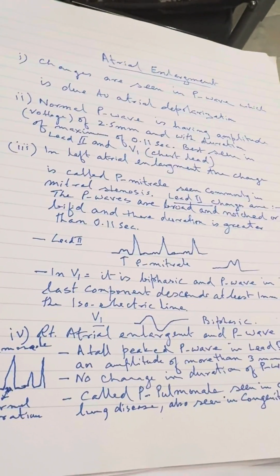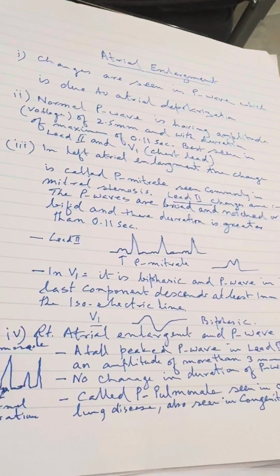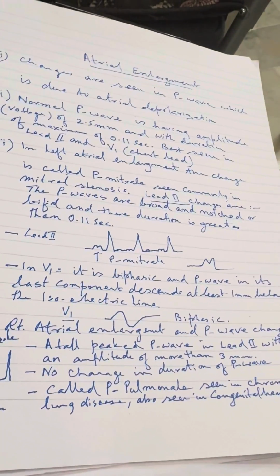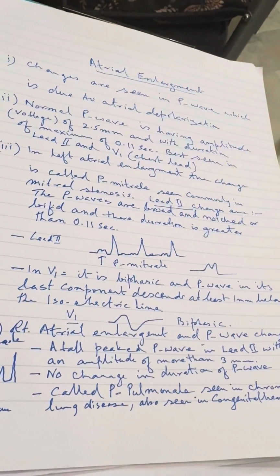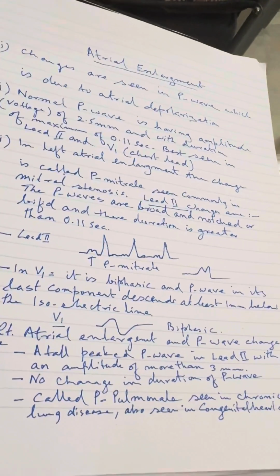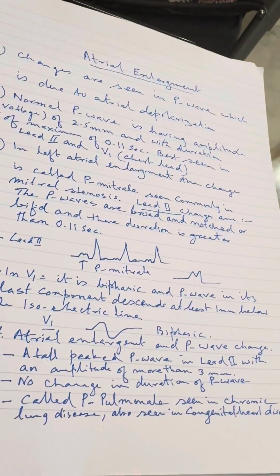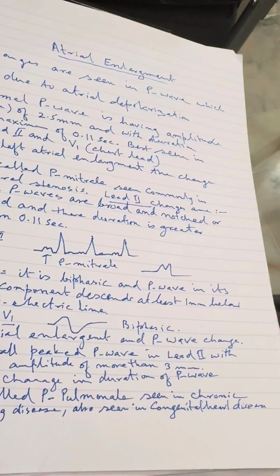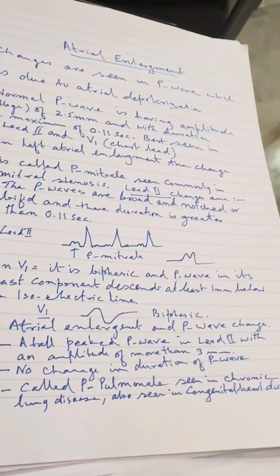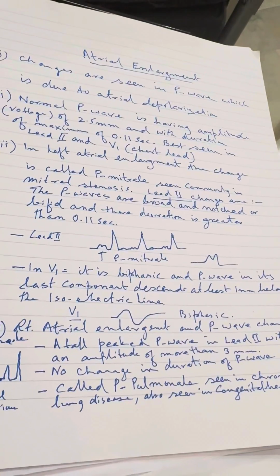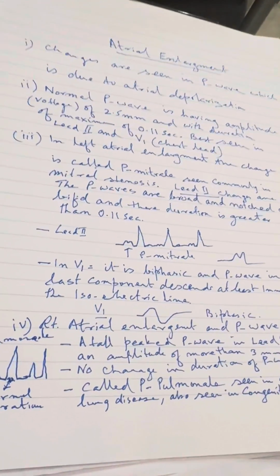So only the height, the voltage of the P wave is high, and this is known as P pulmonale, which is seen in cases of chronic lung diseases and in some congenital heart disease. So this is the difference between the left and right atrial enlargement.